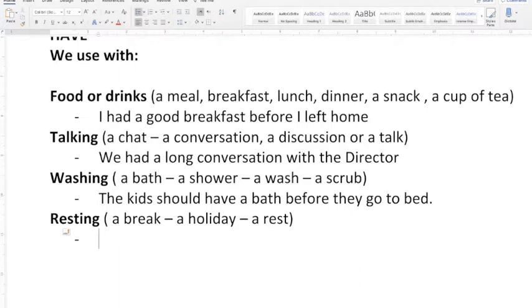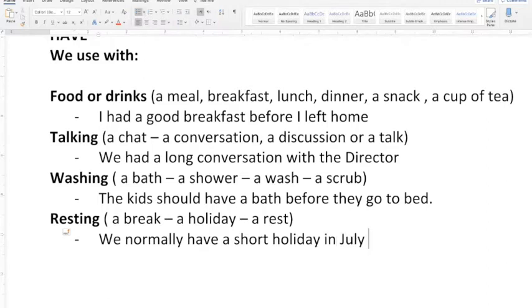For example, we can say, we normally have a short holiday in July and August.